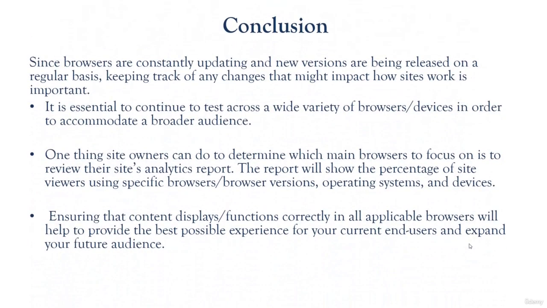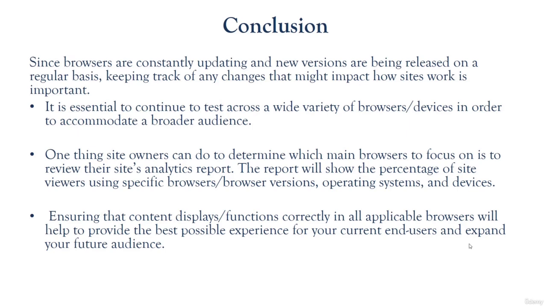So the conclusion is: since browsers are constantly updating and new versions are being released on a regular basis, keeping track of any changes that might impact how sites work is important. It is essential to continue to test across a wide variety of browsers and devices in order to accommodate a broader audience.